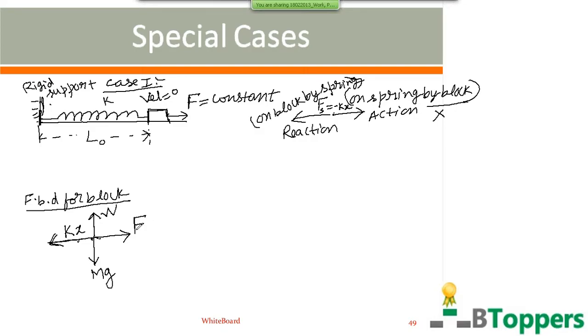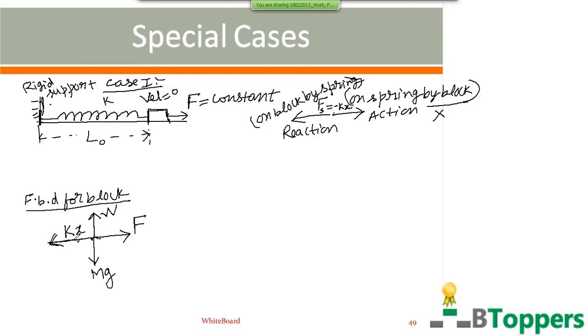The position where Kx becomes equal to F in magnitude we call the equilibrium position, because the net force on the block becomes 0 at the equilibrium position. But don't mistake that velocity is 0 at the equilibrium position. The velocity will actually be maximum at the equilibrium position.